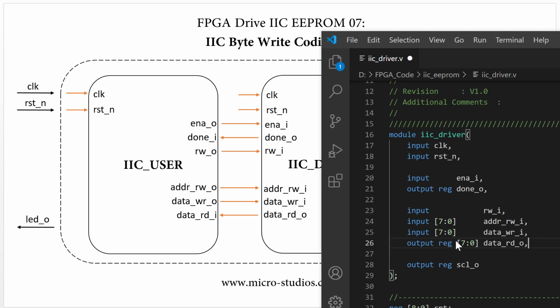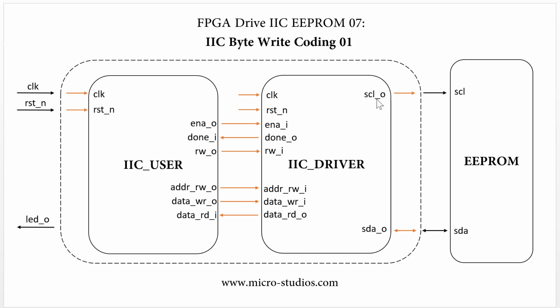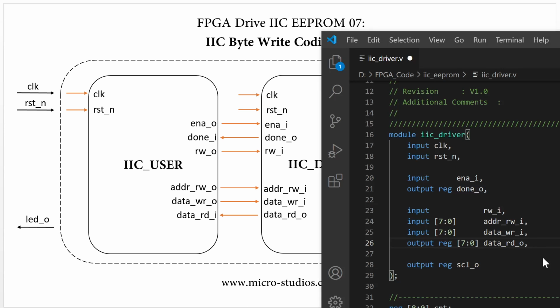This side is the clock, the I2C clock output, and here is the data. We already have the clock, so what we need to do is the data.